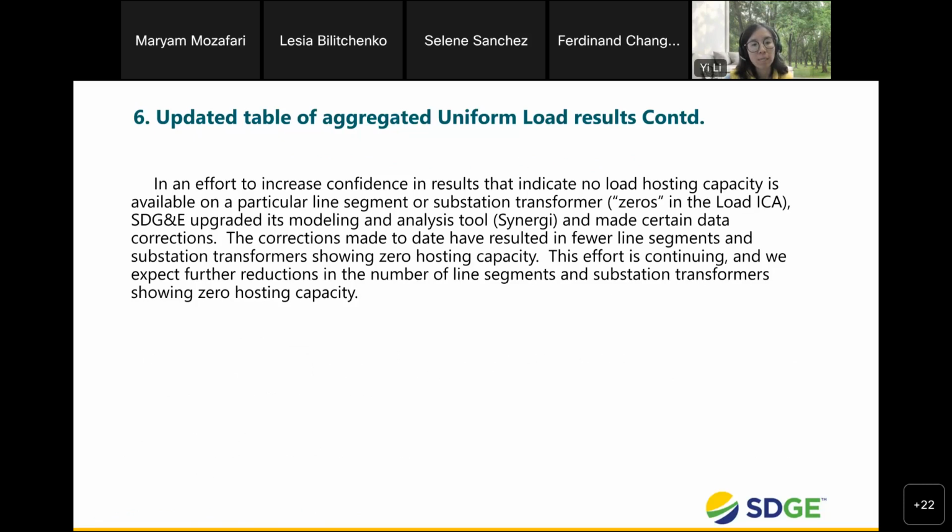The corrections made to date have already resulted in fewer line segments and substation transformers showing 0 hosting capacity. We're continuing this effort today, and we expect further reduction in the number of line segments showing 0 hosting capacity. Next slide, please.